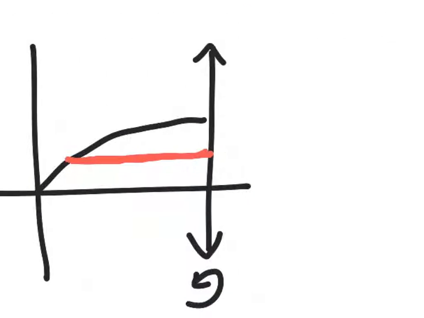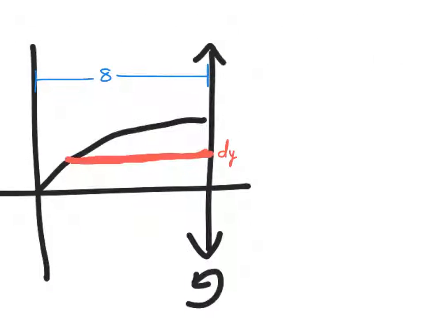So here I have a thickness dy, but this rectangle does not have a length equal to x. Remember I was talking about this before: x is the distance from the y-axis. So I know that this distance here is 8.